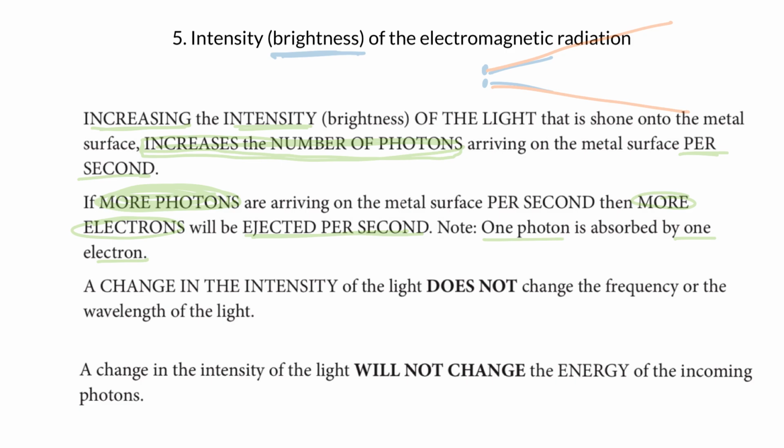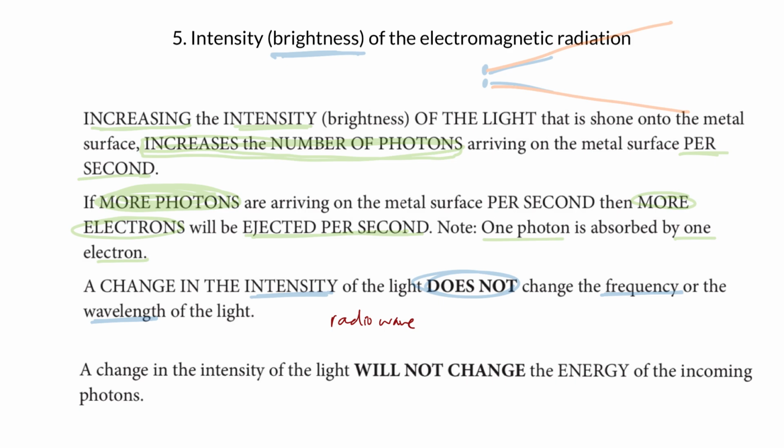But if I change the intensity, it does not change the frequency or the wavelength. So what that means is, I can have a radio wave, and that radio wave has a certain frequency.